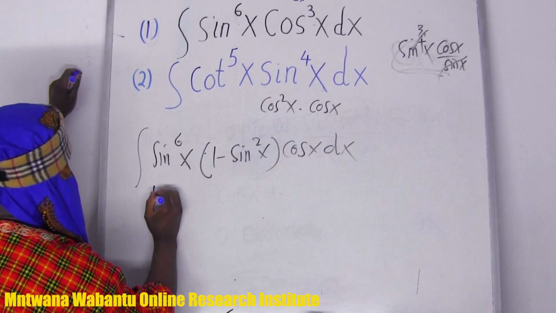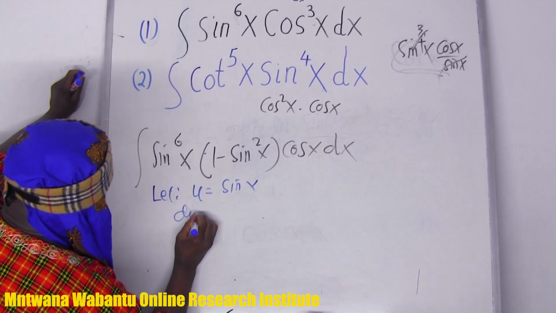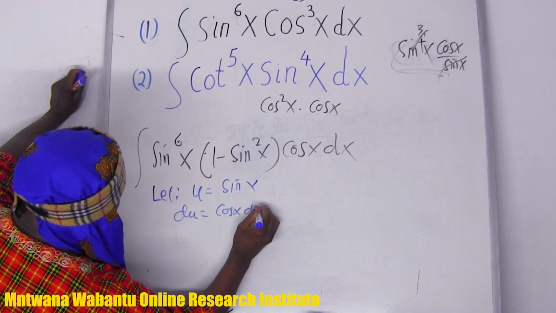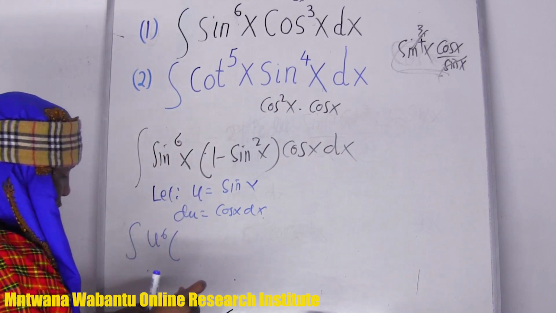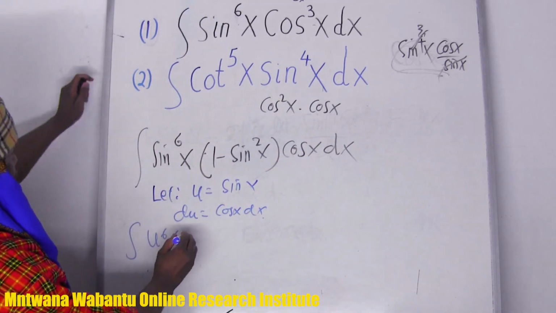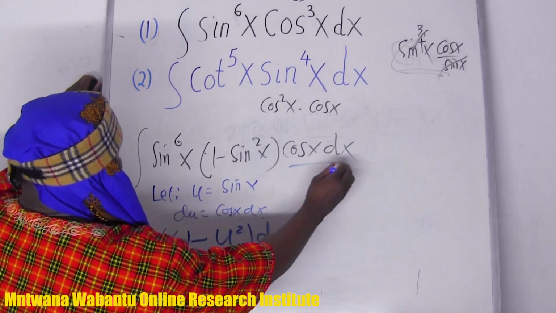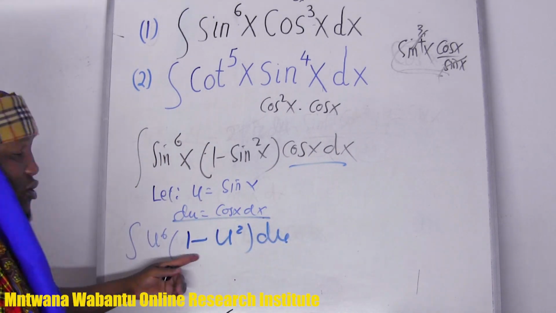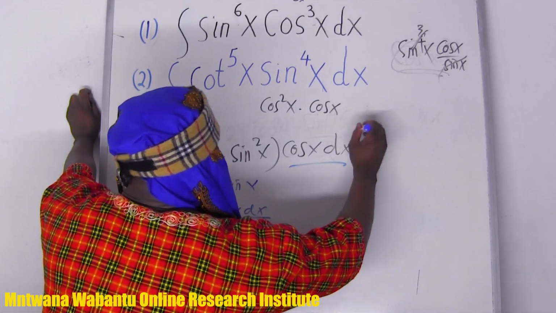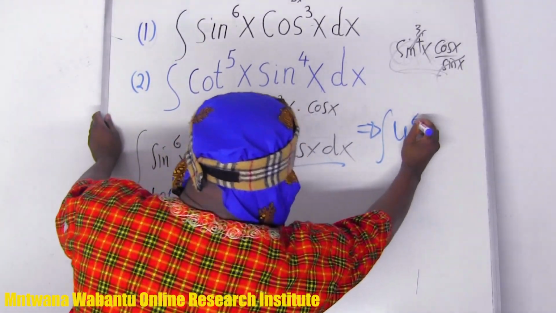So if I let u equal sine x, then du equals cos x dx. Substitute back: integral of u power 6 times (1 minus u squared) du, because cos x dx is du.